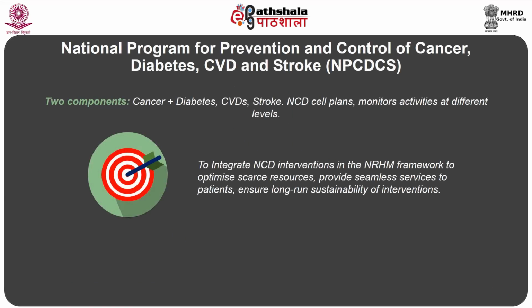The other program at national level is the National Program for Prevention and Control of Cancer, Diabetes, CVD and Strokes. NPCDCS is a program which has 2 major components: one is cancer, the other is diabetes, CVDs and stroke. These 2 components have been integrated at different levels as far as possible for optimum utilization of the resources.